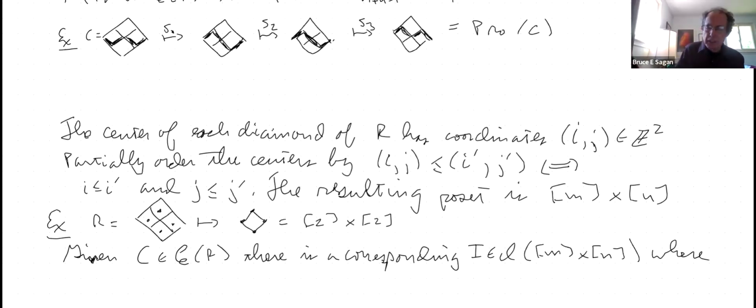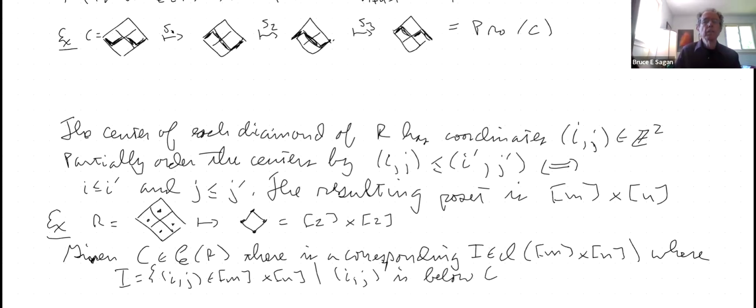I is just the set of all these (i, j), these centers, such that it's below my path, below my chain. The chain is going from left to right, just take everything below it.